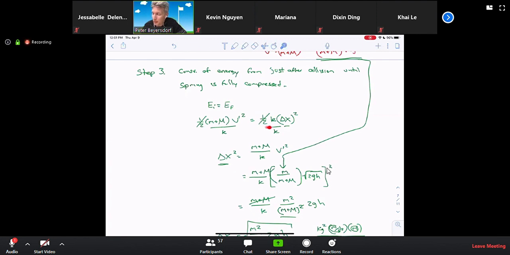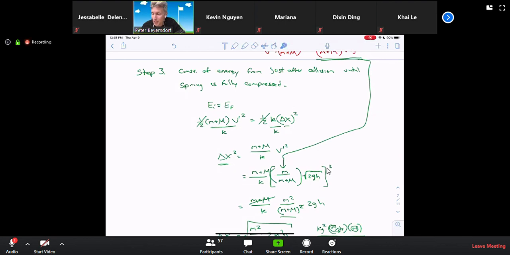So at that point, all the energy is stored in the spring, 1/2 k delta x squared. And yes, we use conservation of energy there. That's what we're using as the spring is compressed. We use conservation of energy because there's no work being done by friction. So it's easy to say that whatever initial energy we have is the final energy.